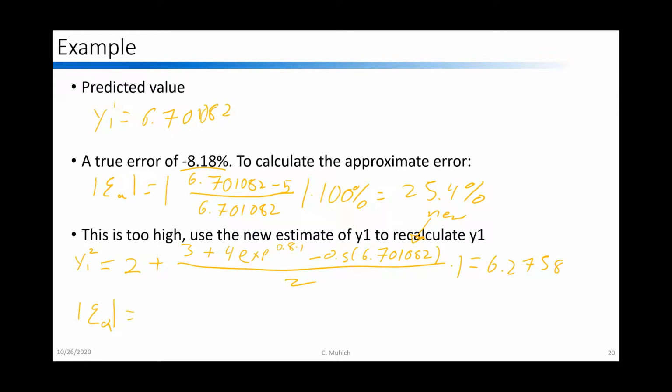In this case, it's 6.275811 minus my old guess, which was 6.70182, over 6.275811, times 100%, equals 6.776%. All right, so the error has gone down significantly, but we're not there quite yet.